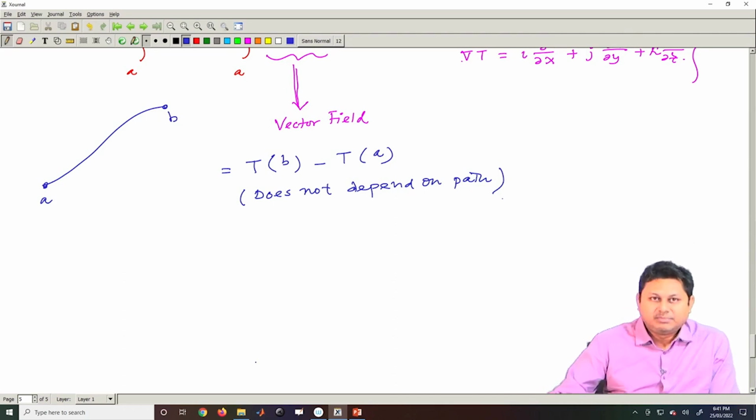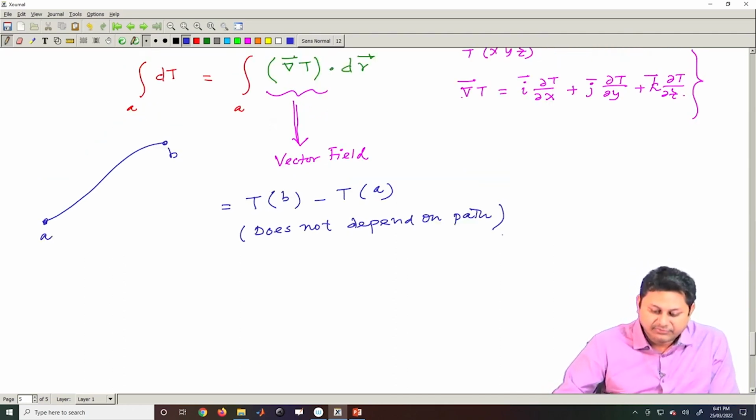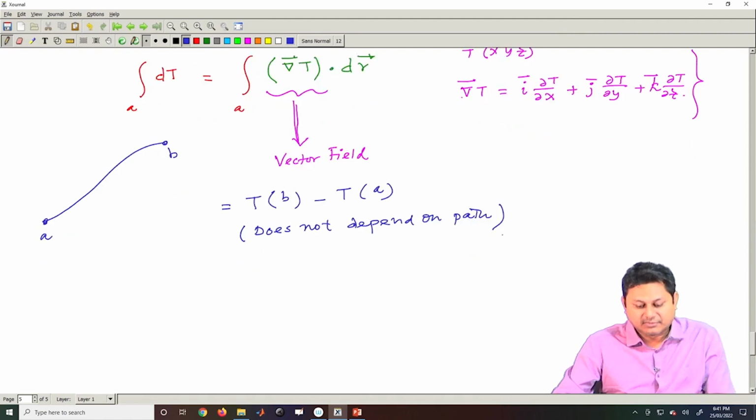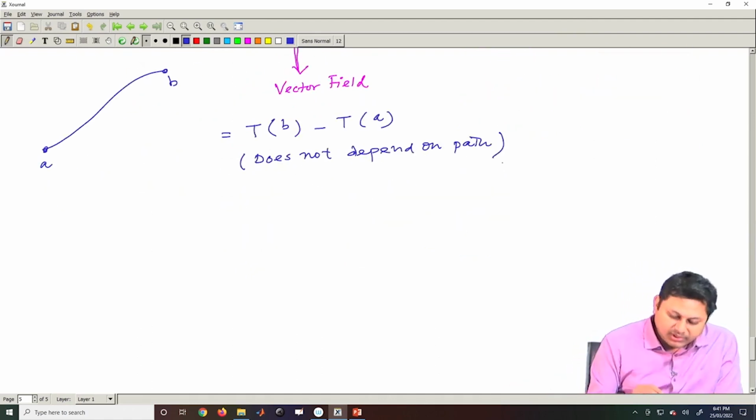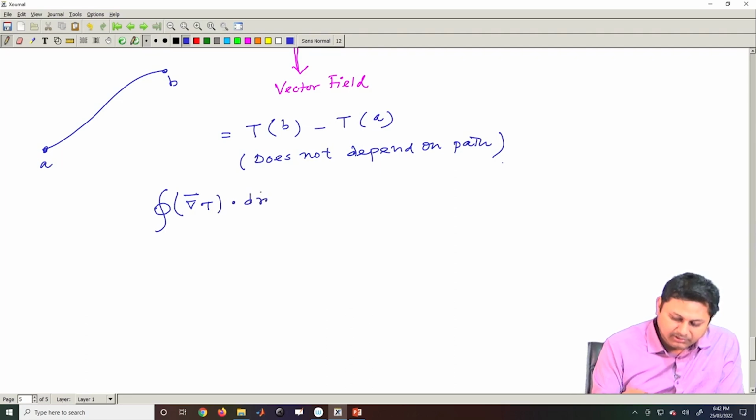So, it is a path independent integral you can have if you have something like this. Now, one very important conclusion we can make is that if I am having a closed line integral for this quantity, the gradient of T dotted with dr, you are going to get the value 0.